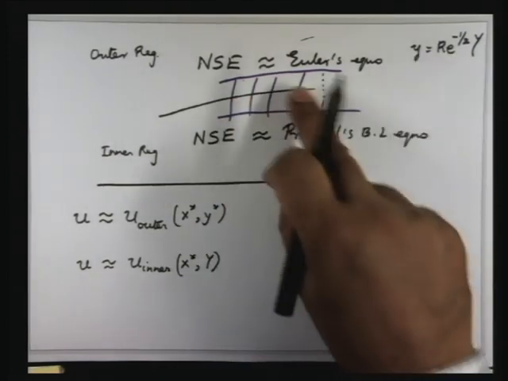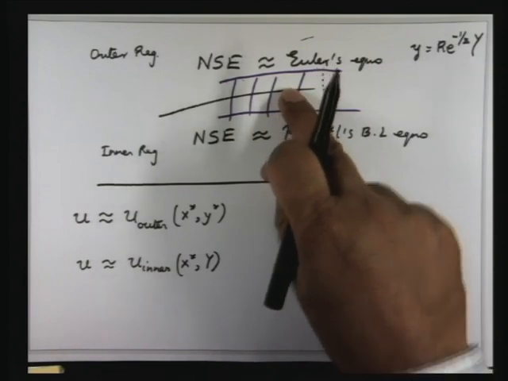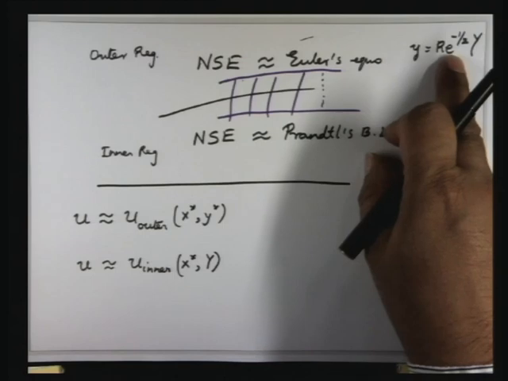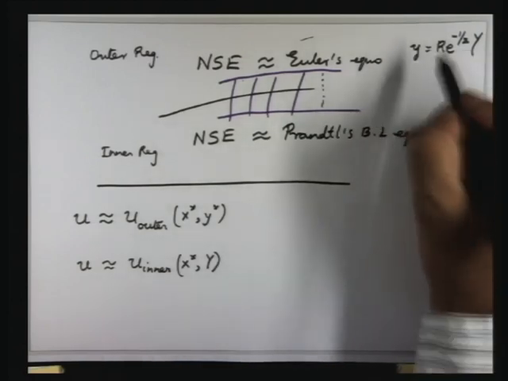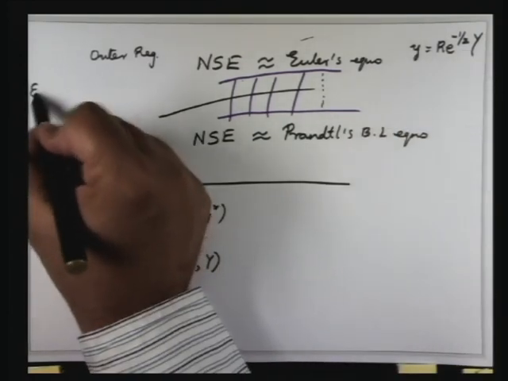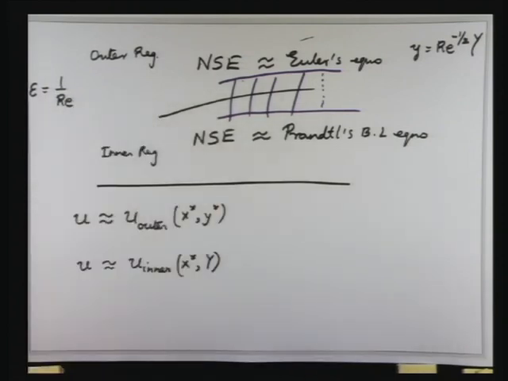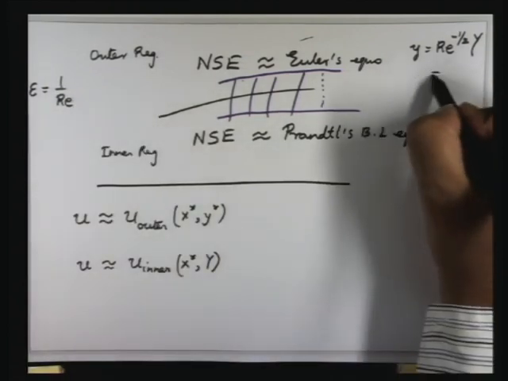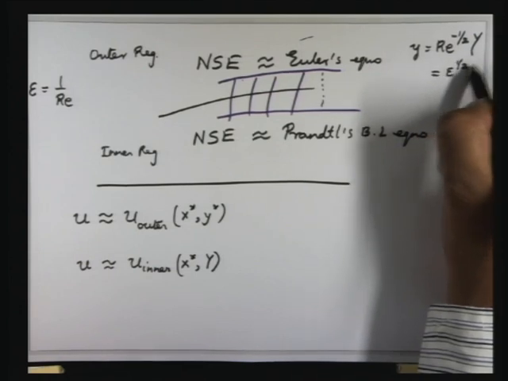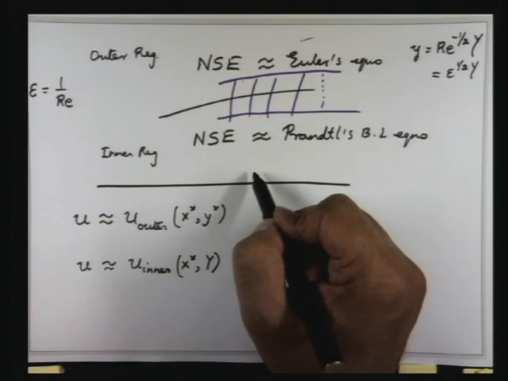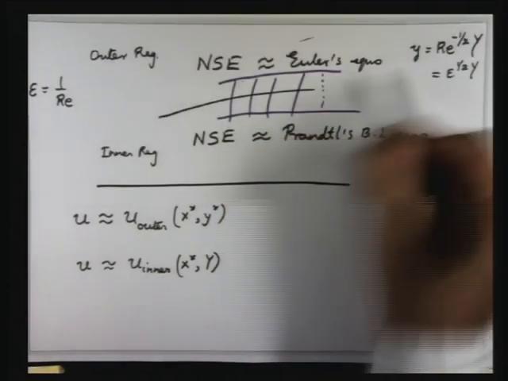So inside this thin layer, capital Y is order 1, so small y is order Re minus half. If I say epsilon is 1 by Re, a small parameter, then y is epsilon to the power half into capital Y inside this layer. And in the outer region, the small y is order 1.